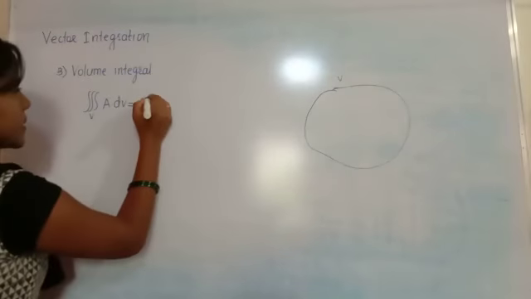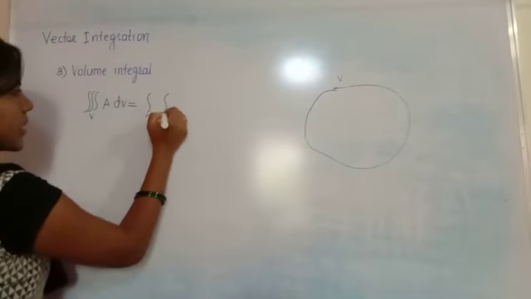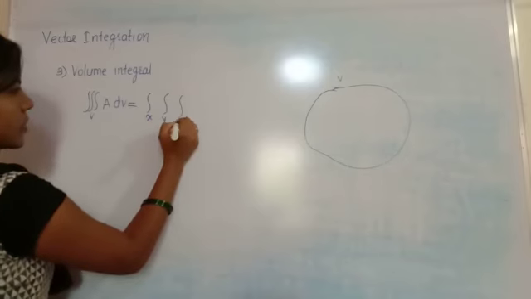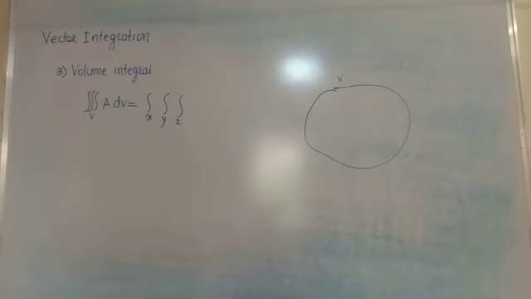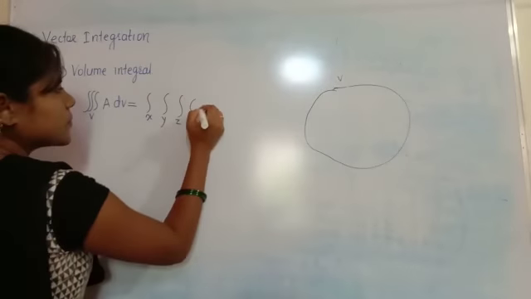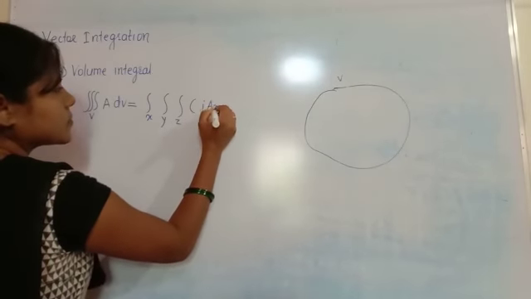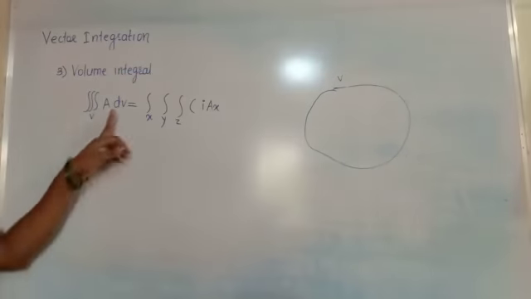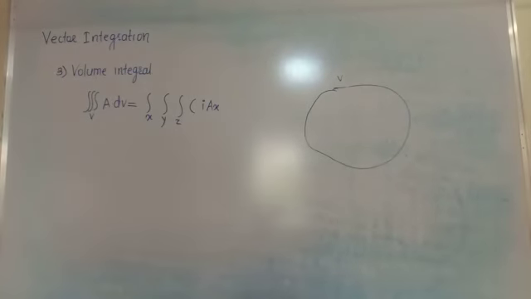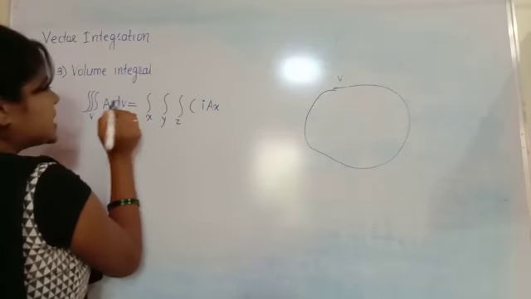This can be written with the first sign for x, the second for y, and the third for z. Here A is Ax i plus Ay j plus Az k, and dv means dx dy dz.